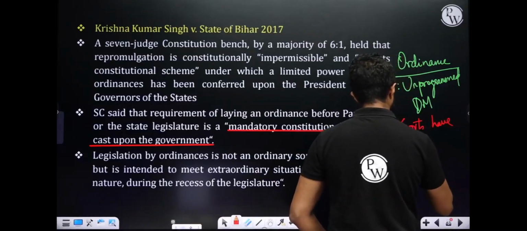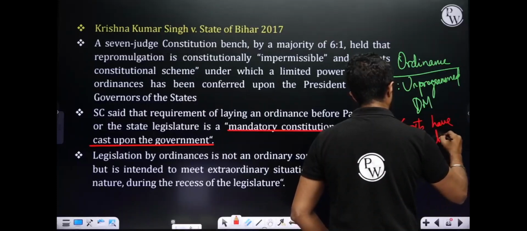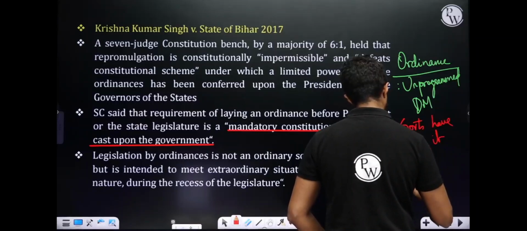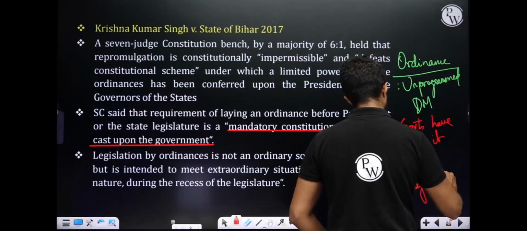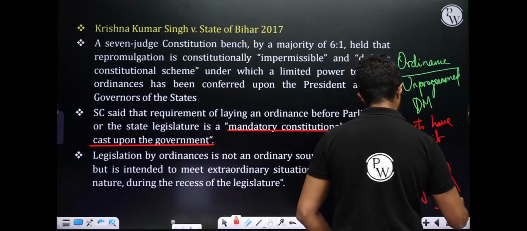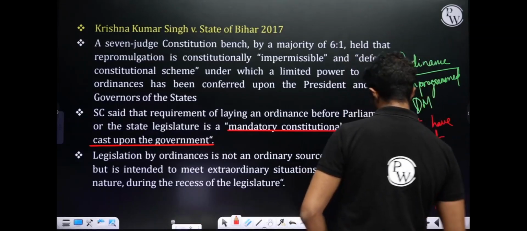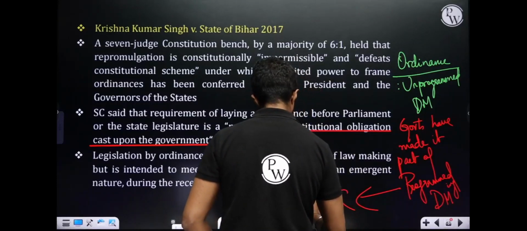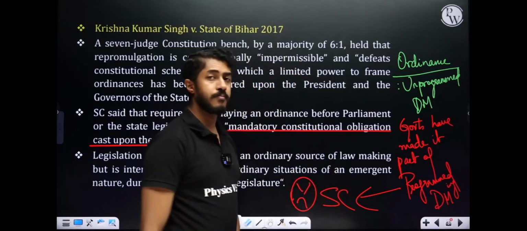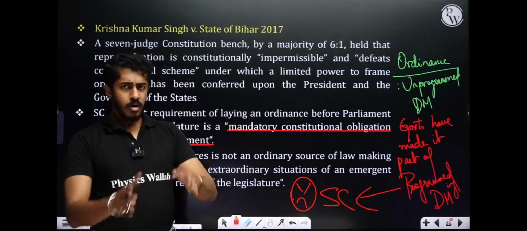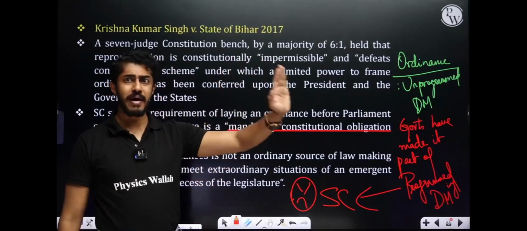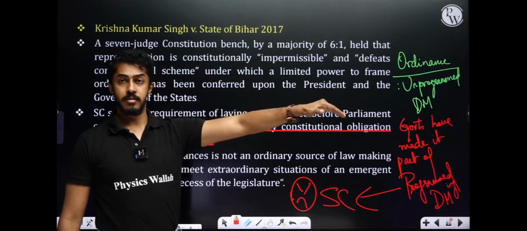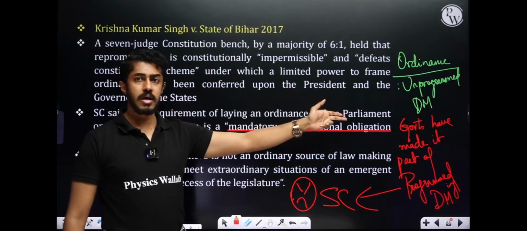Governments have made it part of programmed decision making. That is why the Supreme Court is angry with it. The Constitution is very clear: use it sparingly, use it only when there is a demand. But what is the government doing?